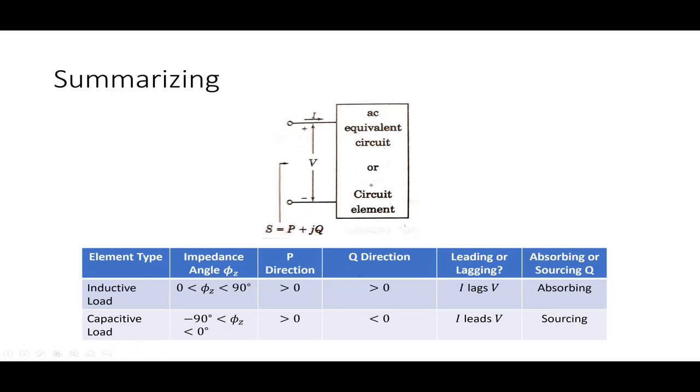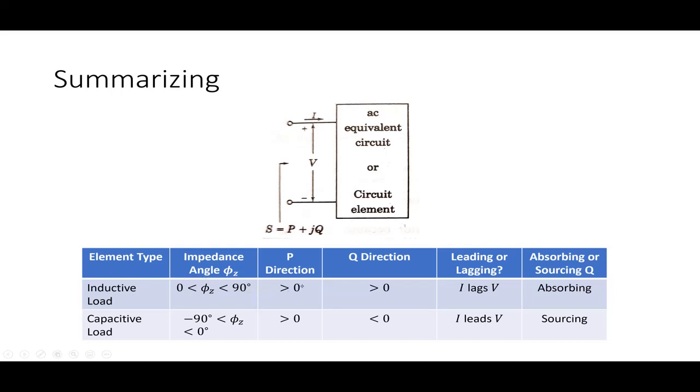So to sort of begin to summarize all of this, if I have some element in an AC system that is being provided with S equals P plus jQ going in, that's the definition. So I have a voltage at the terminal, plus to minus, and a current defined to be going in. Using my passive sign convention, that means S equals P plus jQ, okay? So if I have an inductive load, the impedance angle is going to be somewhere between 0 and 90 degrees.